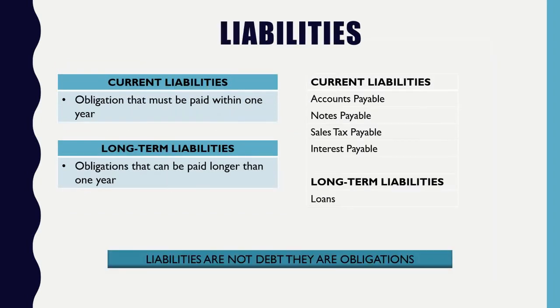So now we talk about liabilities. Liabilities is going to be everything that you owe. OWE. Okay? When we talk about accrual basis, this is another way of owing people money, right?